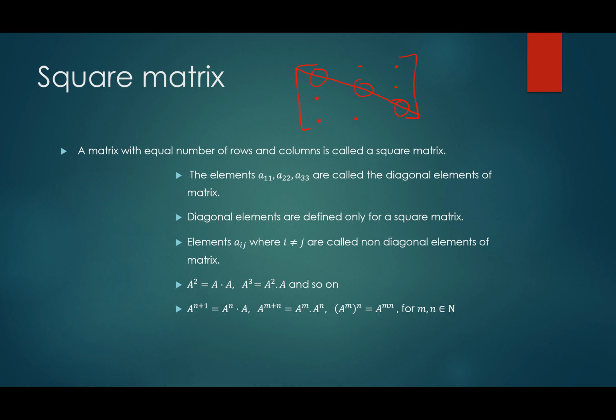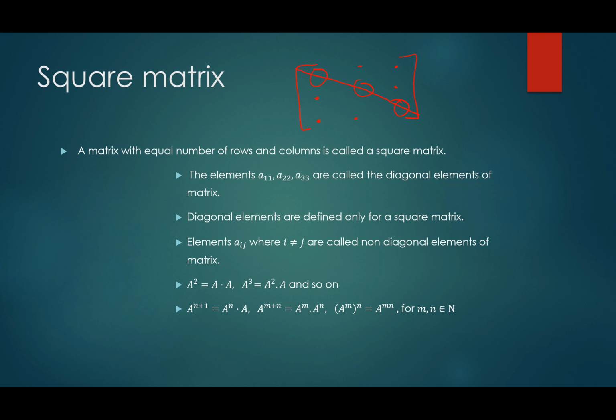If I denote any element by aij in general, i represents the row number and j represents the column number. When both numbers are equal, like 1 1, 2 2, 3 3, they are called diagonal elements. When they are not equal, that is i not equal to j, they are called non-diagonal elements of a matrix. You got the point? Okay, fine.